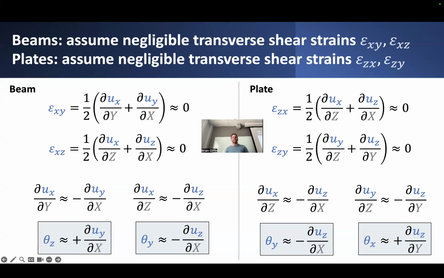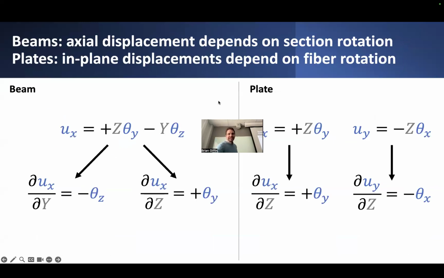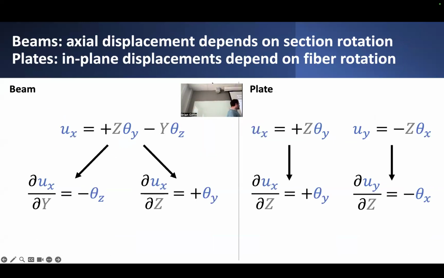But in the end, what we get is something that looks kind of like this. Once we enforce these conditions, and after we note from our previous kinematic assumptions that we already know what ux with respect to y is, and ux with respect to z, which in the case of plates we assumed were representable in terms of these rotations.